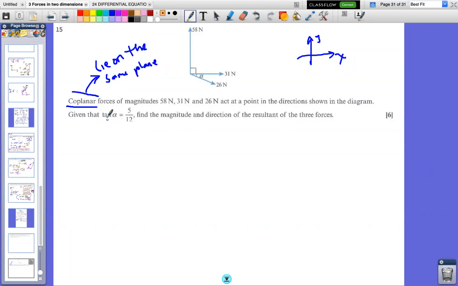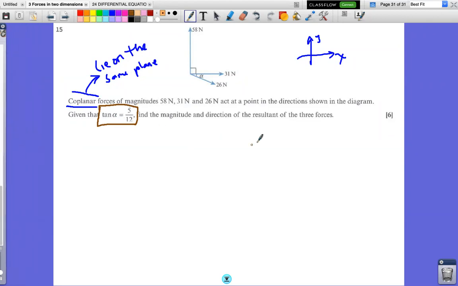You are told that tan theta is this. You will see questions like this in exams. Tan alpha is this, sine alpha is this, cos alpha is this, and so on, right?